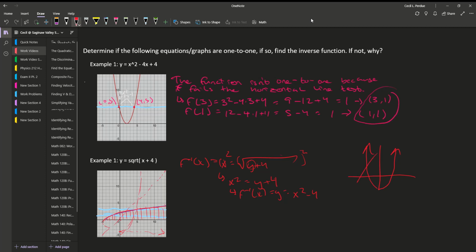And so we don't want this part. So we're going to say that the function is only true when x is greater than or equal to 0. So that will get rid of this part, so that we'll only have the section that we want here.